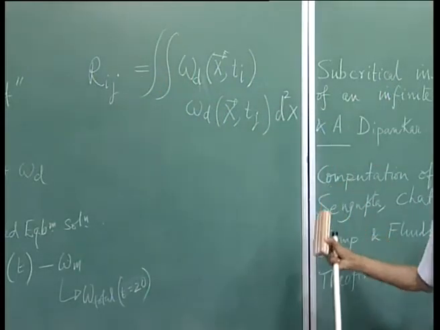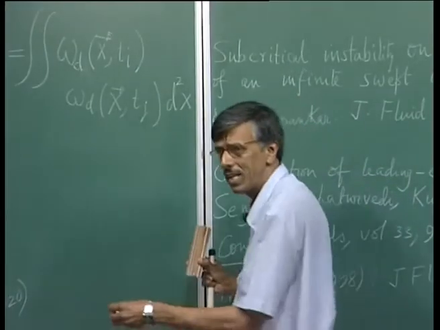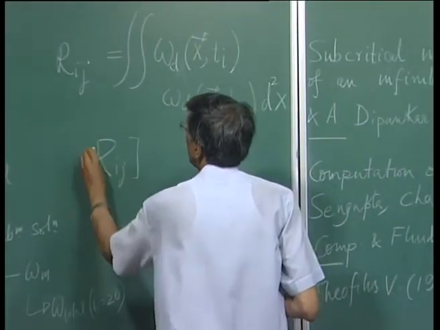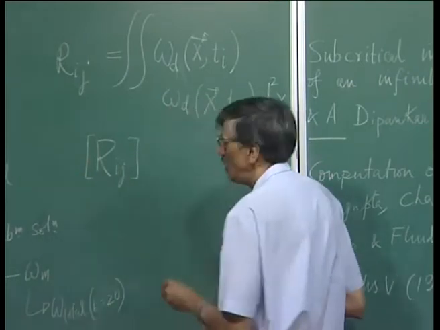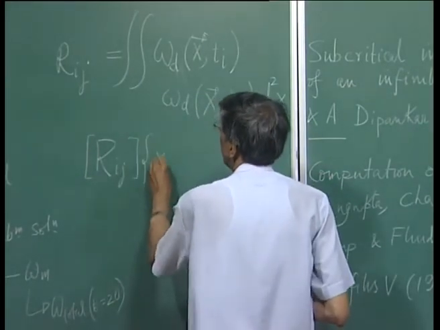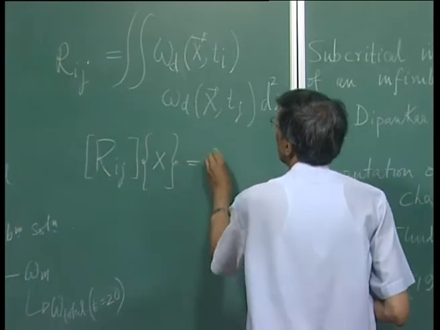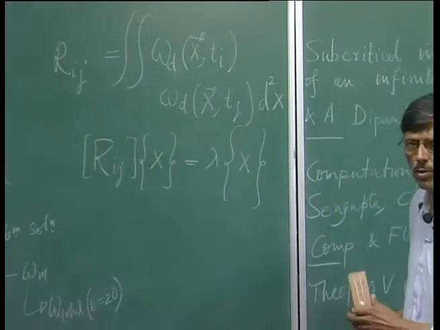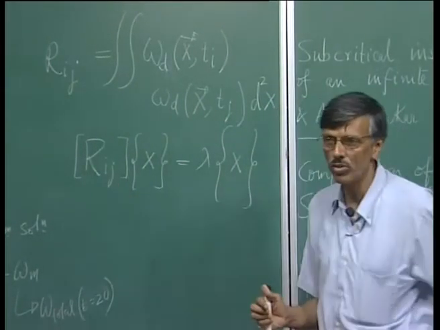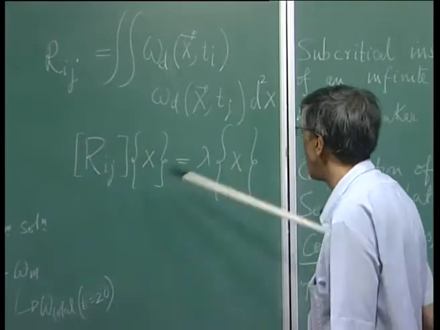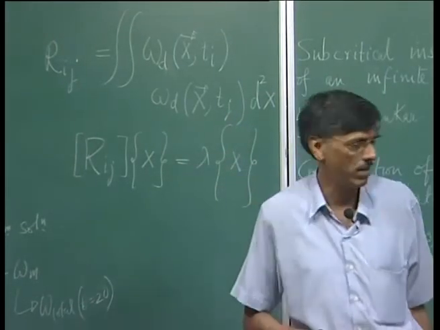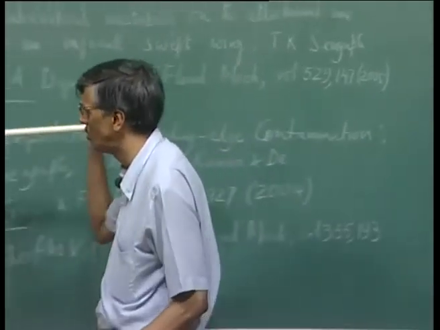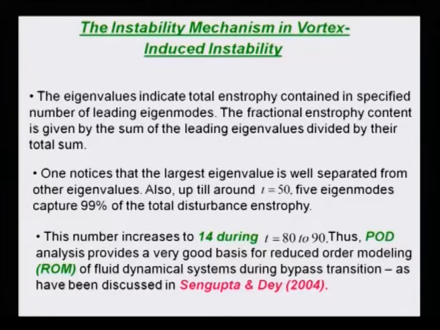So once I have this R_ij matrix, then I can calculate R_ij times, say, some eigenvector is nothing but lambda times x. So once you actually compose this R_ij matrix, you just simply have to calculate its eigenvalue and eigenvector, and you know that there are many ways of doing it, and that is what we are talking about here as the eigenvalues.